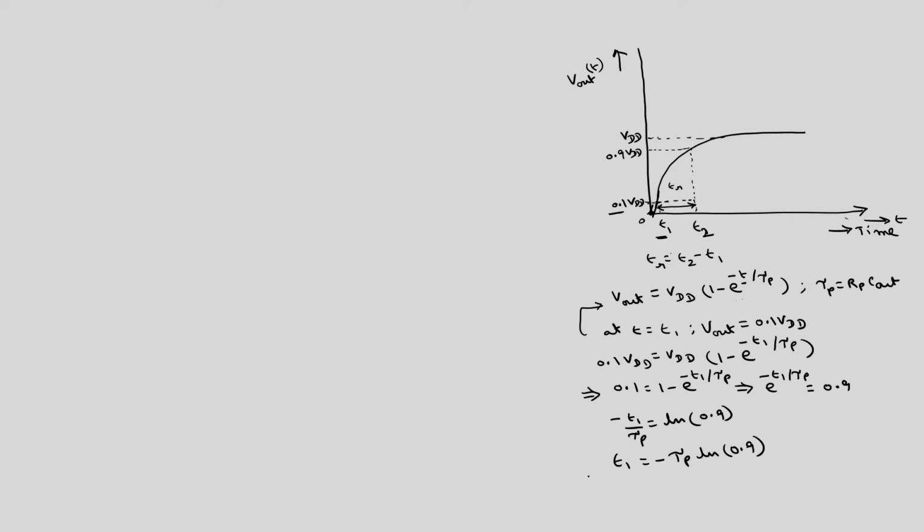Similarly, to get t2, this is the case at t equal to t1, and this is the expression. Similarly, at t equal to t2, V out is equal to 0.9 VDD.